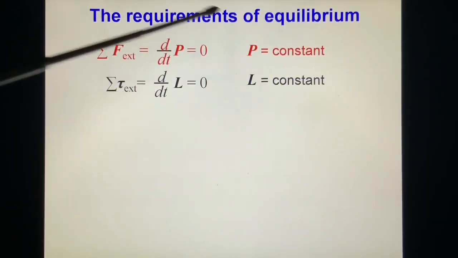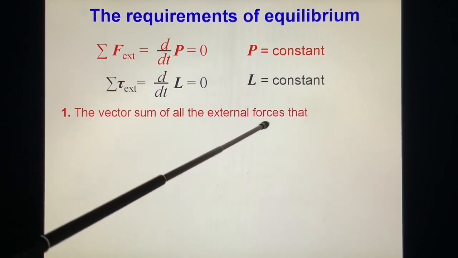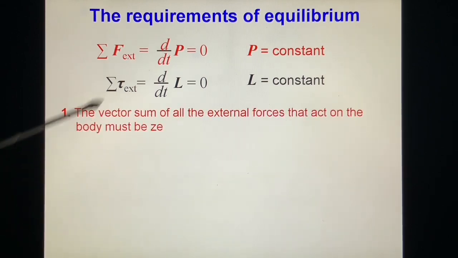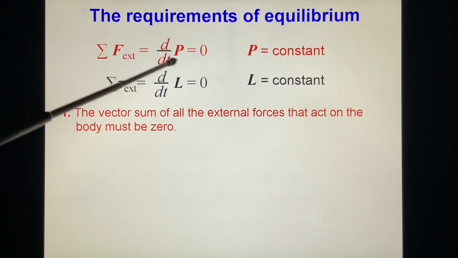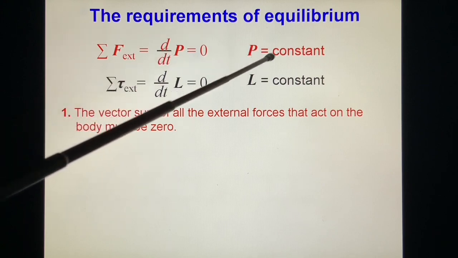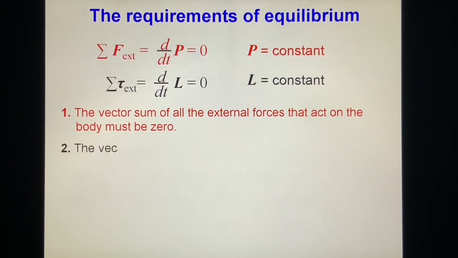The requirements of equilibrium. 1. The vector sum of all the external forces that act on the body must be 0. Now, sigma F external equals 0. That means the linear momentum p is constant, because the rate of change of linear momentum equals sigma F. 2.